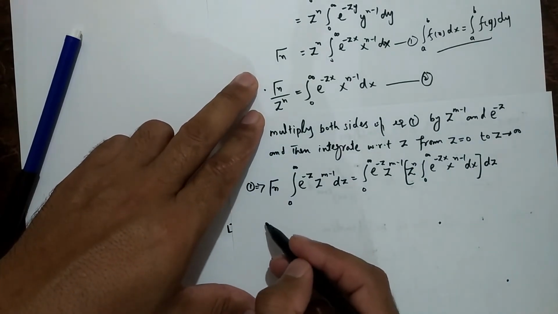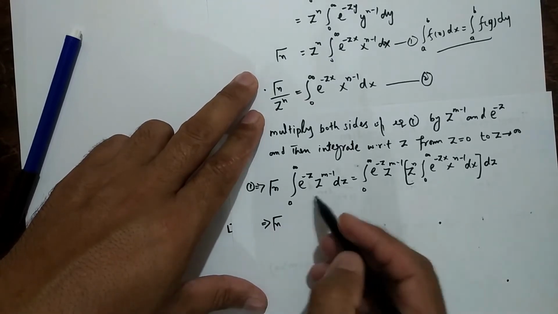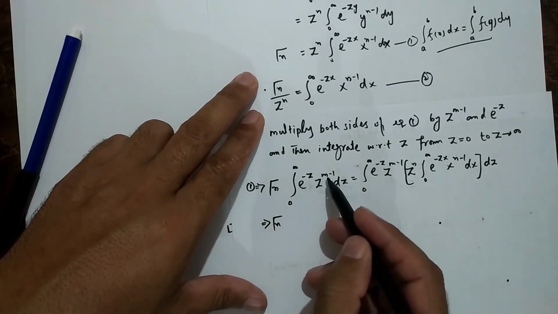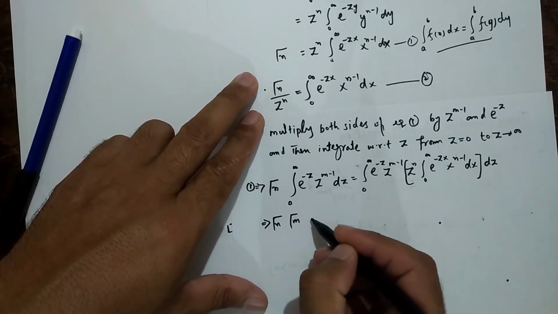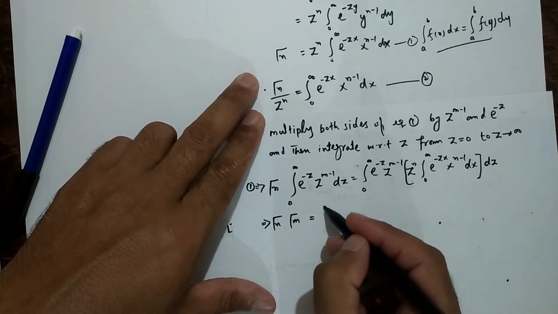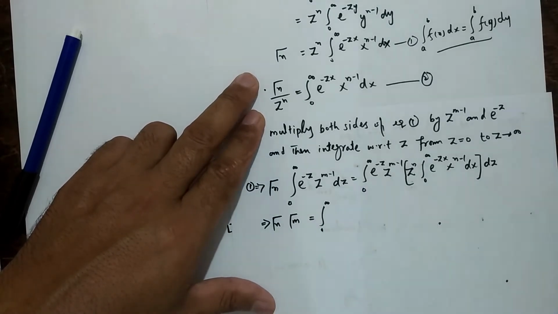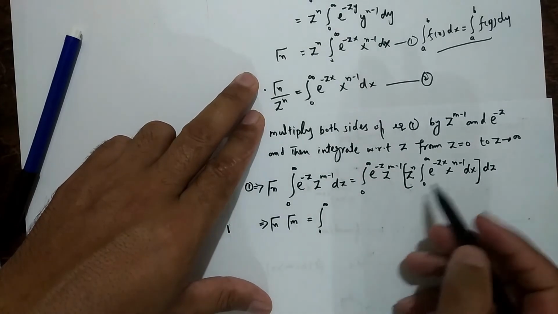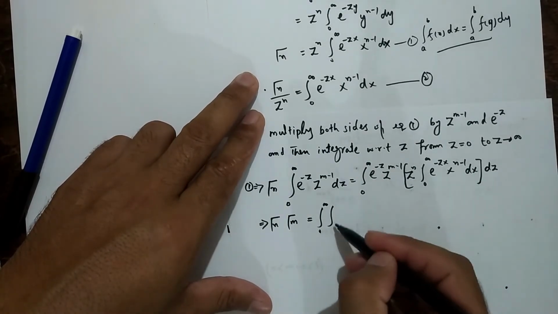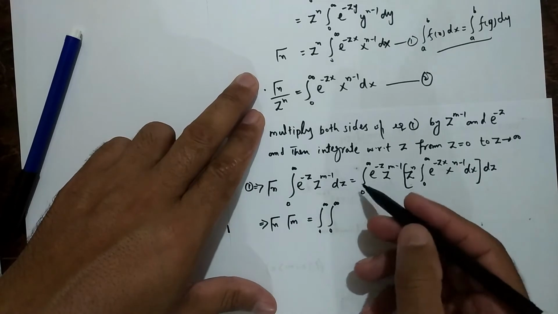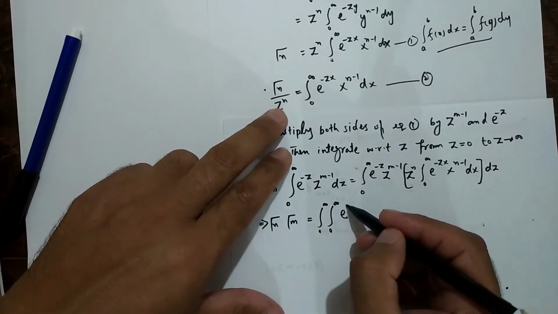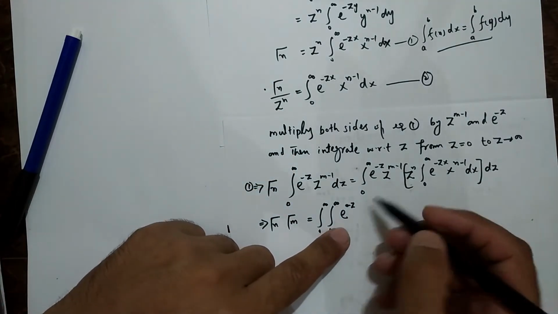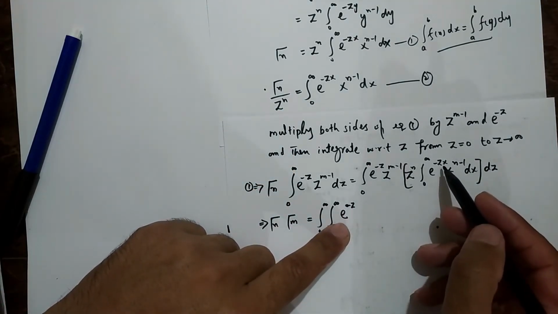Now this is actually gamma n, and this is actually gamma function for m, so this can be written as gamma m, which is now integral from 0 to infinity for the z, and now bring this integral also here, which is integral from 0 to infinity e power minus z, and here we have also e power minus zx.